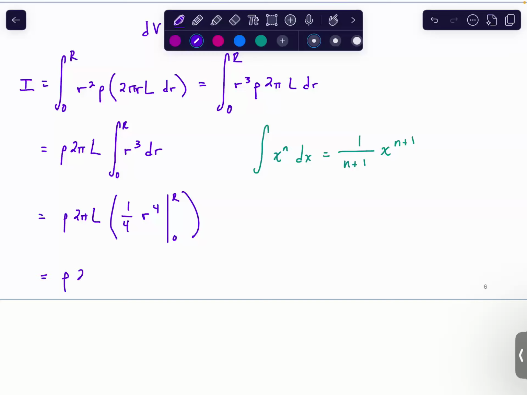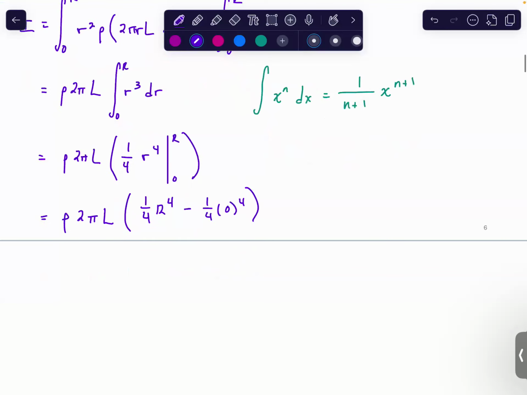It's going to be rho 2 pi L, and then we're going to have 1/4 r to the fourth minus 1/4 times 0.